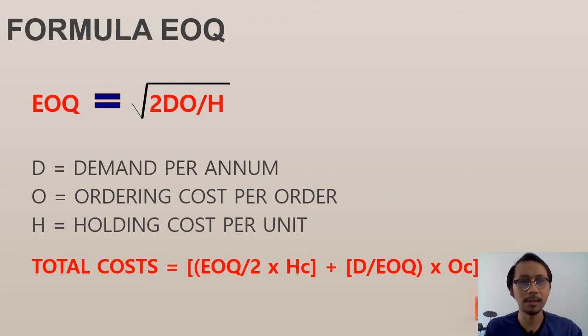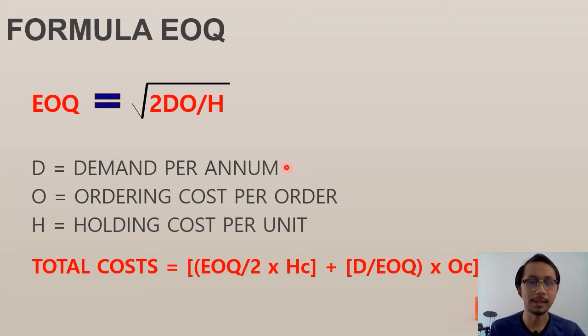As you can see here, this is the formula for calculating the EOQ. It's the square root of 2 times D times O divided by H. D represents the demand per annum.